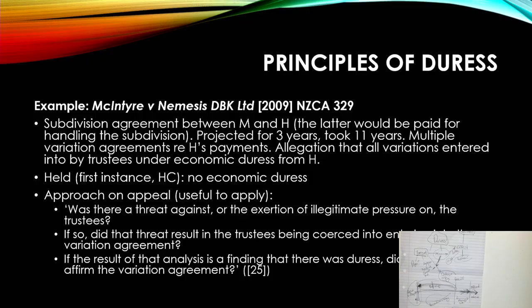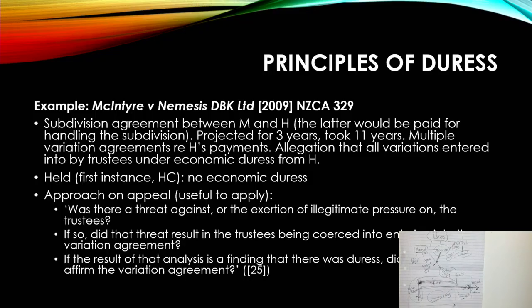And the allegation was that he had made various threats or acted in a way that coerced the trustees, who are in charge of the development, to vary the contracts as to how much he would be paid. So he had essentially held them to ransom. That seems to be the argument.